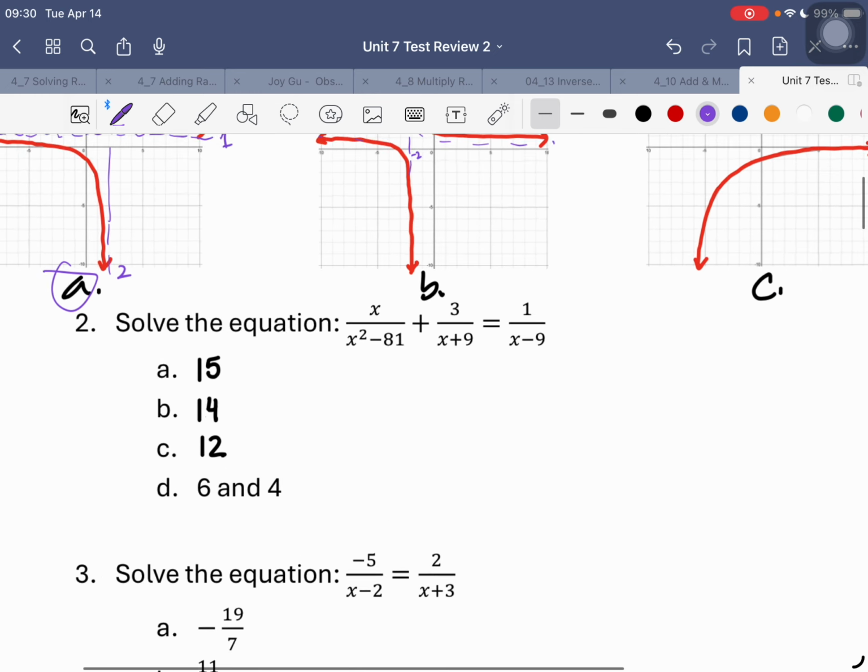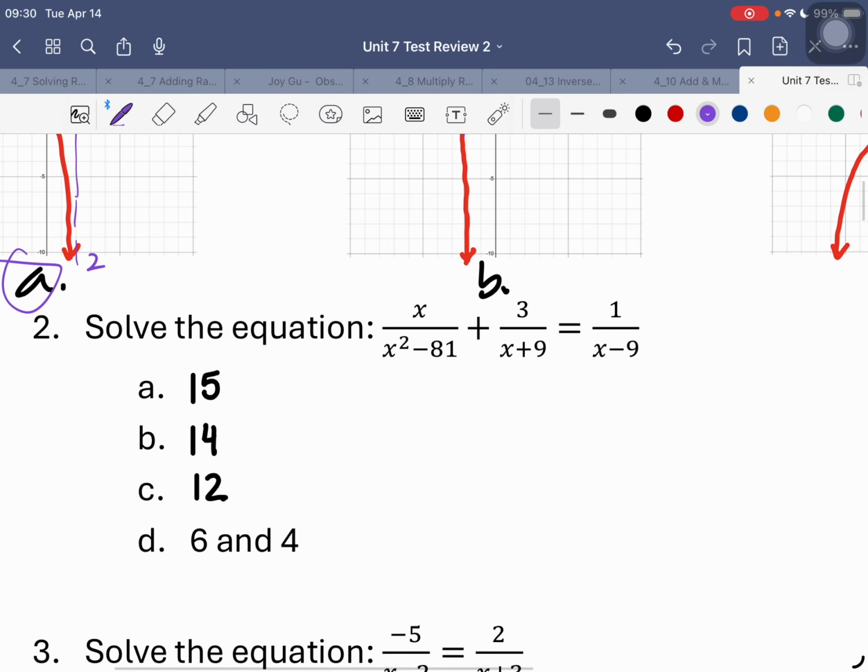Now let's move to question 2. Question 2, we need to solve this equation. Every time it says solve for equation, you see solve, use and solve. For my on-level classes, you can just type the entire thing, put comma x into the calculator to find the answer.